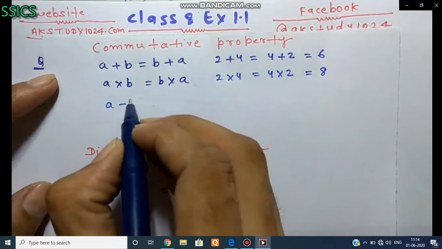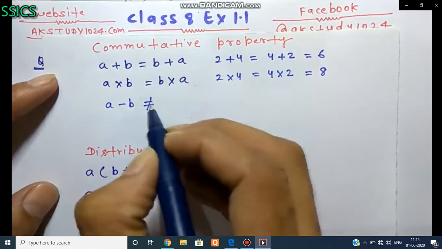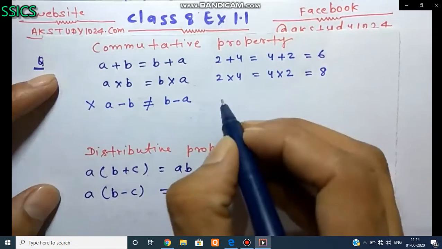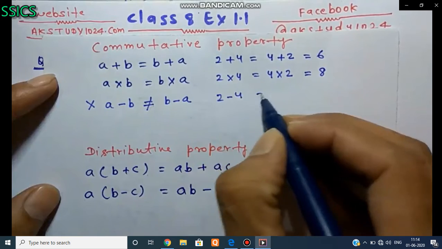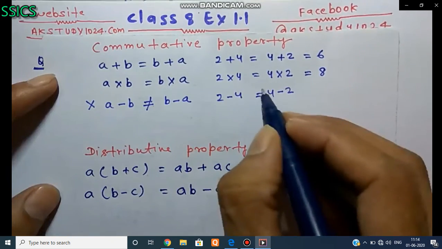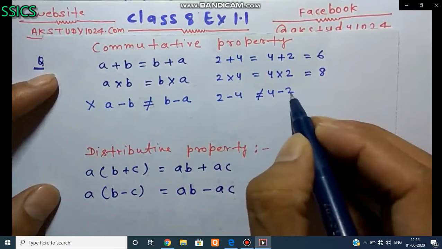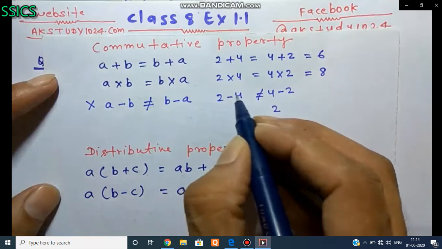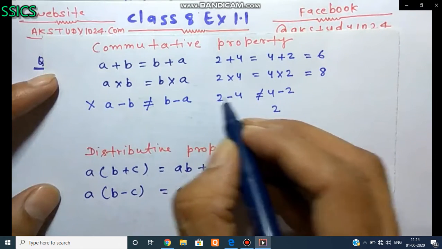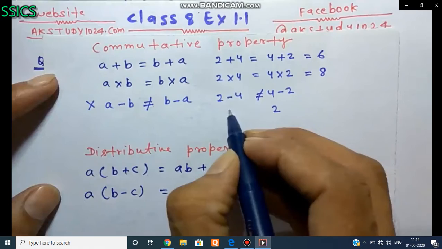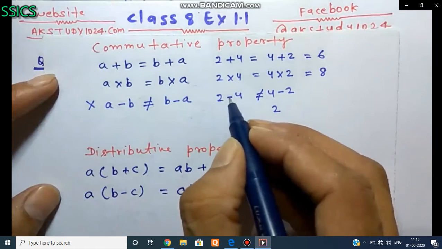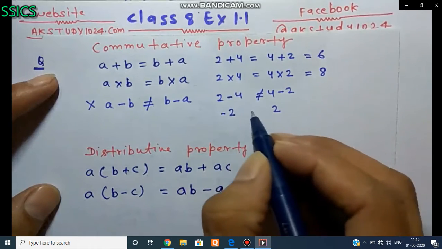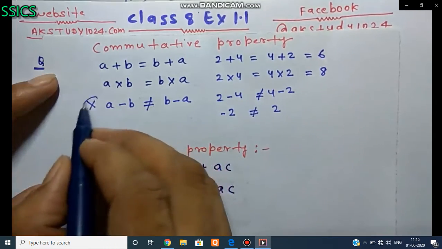We come to the case of subtraction. It doesn't hold good because a minus b is not equal to b minus a. For example, 2 minus 4 is not equal to 4 minus 2. 2 minus 4 is -2, and 4 minus 2 is +2, so they are not equal.